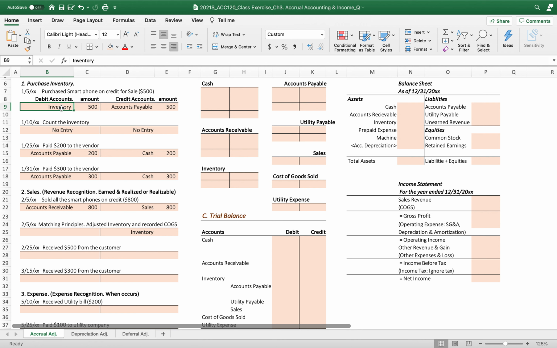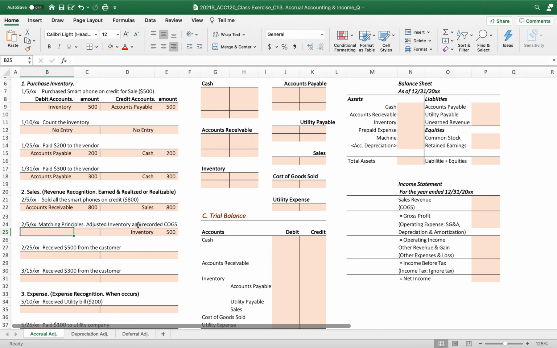They just exchanged the cash and the inventory. But now is the time to recognize the inventory cost, because the company sold that inventory. Now the inventory is no longer on the company's side. It's out. So how much was the inventory value? Right, this 500.